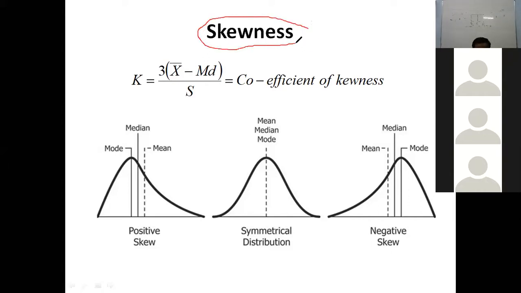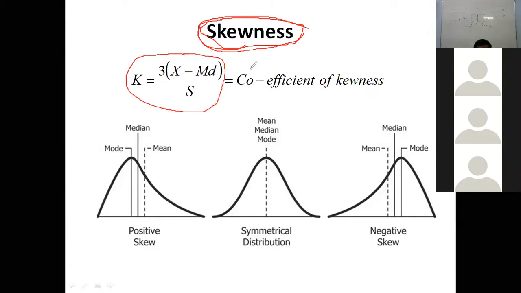Skewness means how that particular tail is distributed, whether on the right or on the left. To see statistically whether the data has any skewness, we have a simple formula called K, the coefficient of skewness, that we can measure.